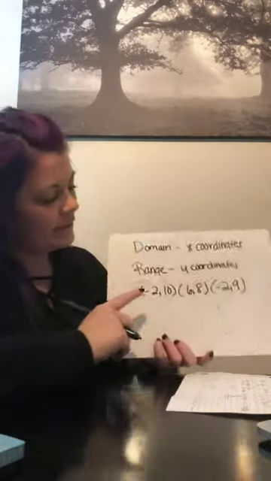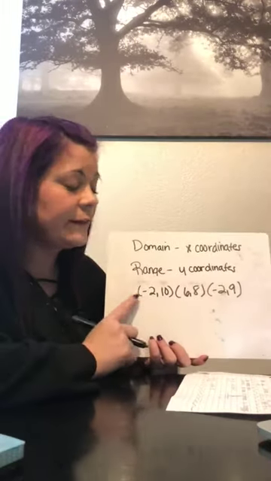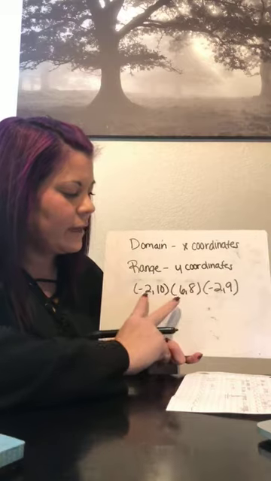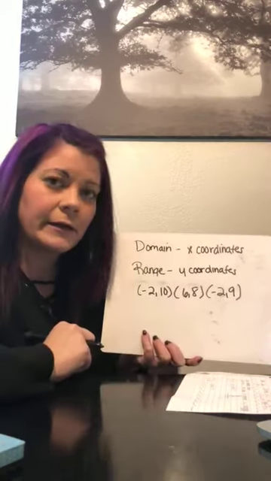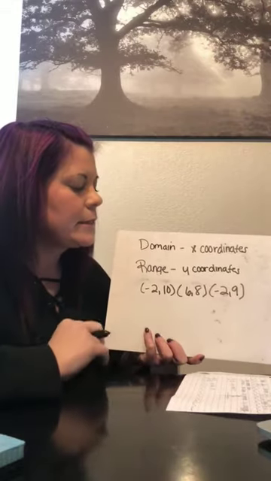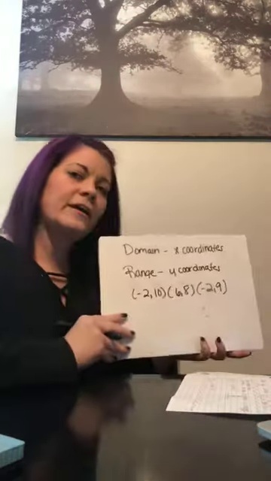Let's do another one. (-2, 10), (6, 8), and (-2, 9). In this case, this is not a function because the input of -2 will produce either a 10 or a 9. So it produces 2 outputs. The x values do repeat, so it's not a function. So that's how you determine if it's a function, just by looking at points.